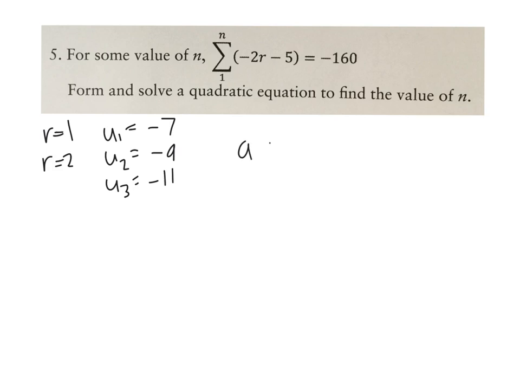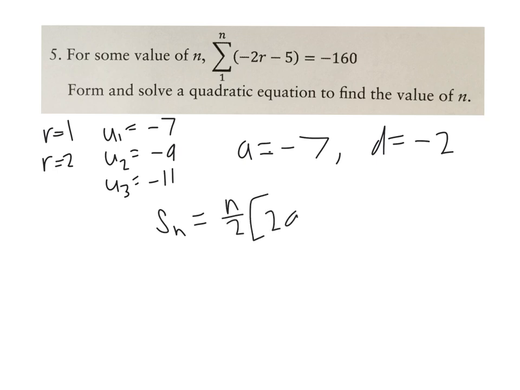So you can get from that the first term, a, is minus 7, and the common difference, it's going down by 2, so it's minus 2. We want to know the sum of the sequence from 1 to n, so Sn. Sn is n divided by 2, 2a plus n minus 1 d.